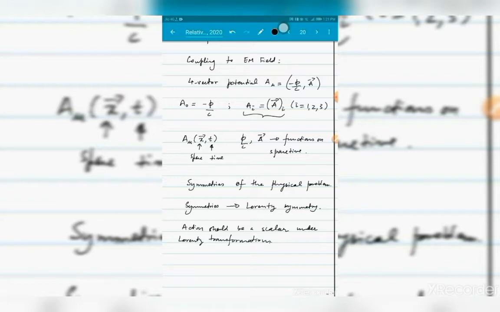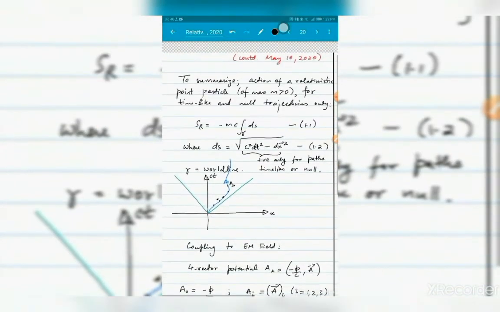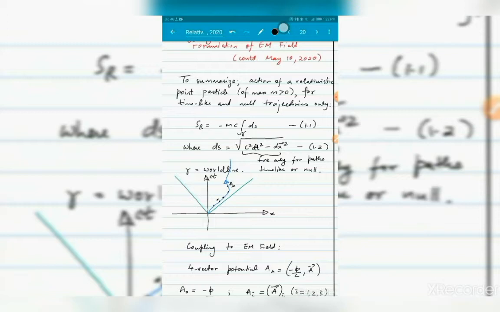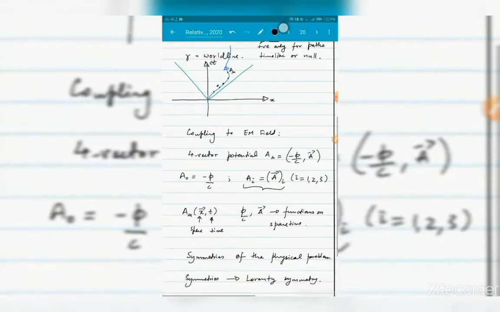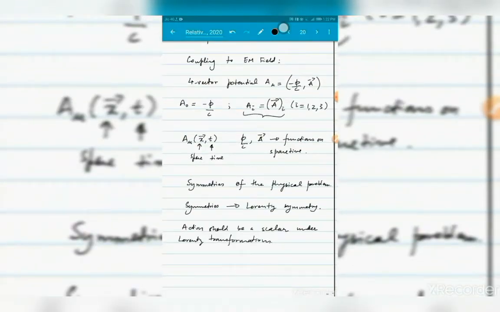Now if you look at the action that is given in equation 1.1, it is obviously a scalar because it's a function only of the space-time interval, and that is a well-known Lorentz invariant.